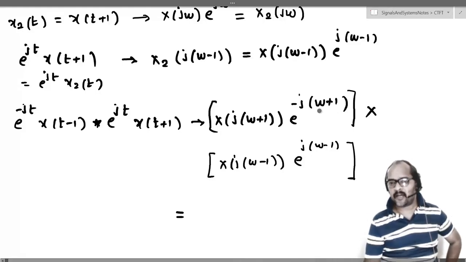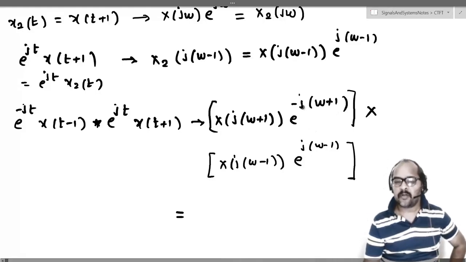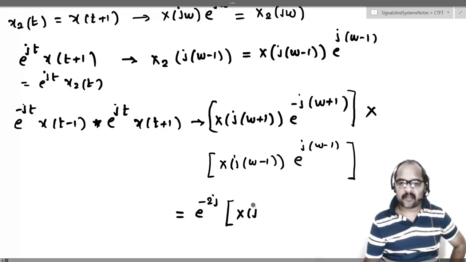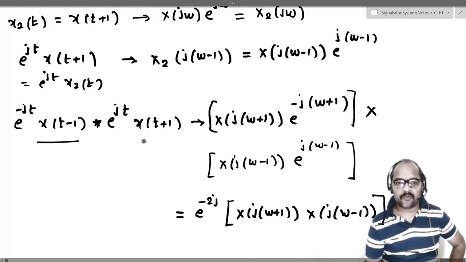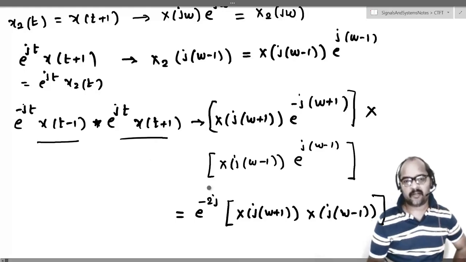E power j omega will get cancelled out, not the other one. So you'll get e power minus j multiplied with e power minus j. So that should be e power minus 2j multiplied with x of j omega plus 1 multiplied with x of j omega minus 1. So that would be the Fourier transform of this signal.